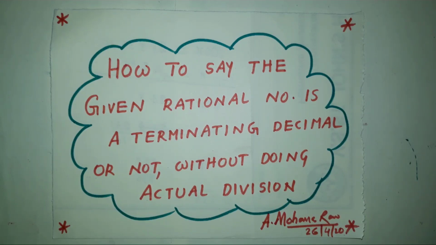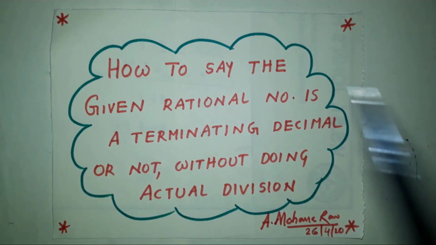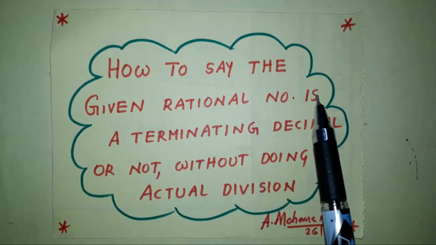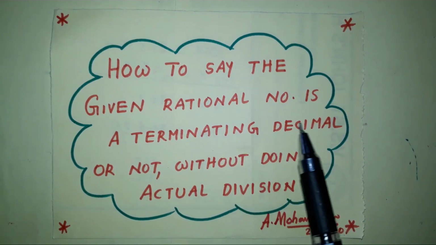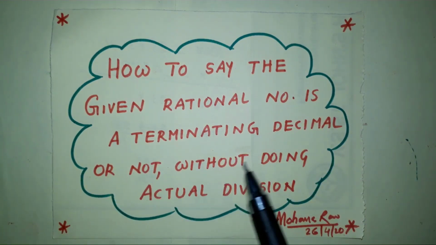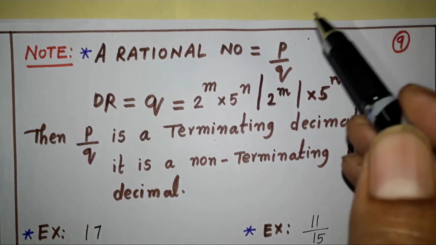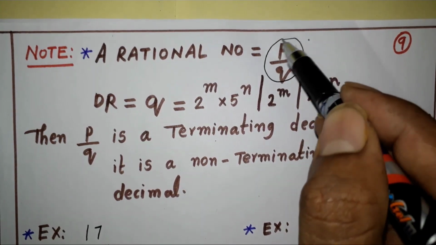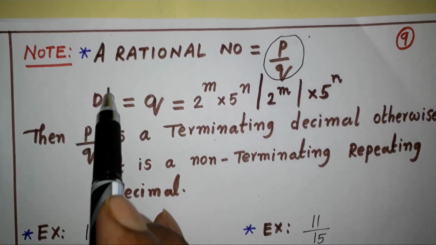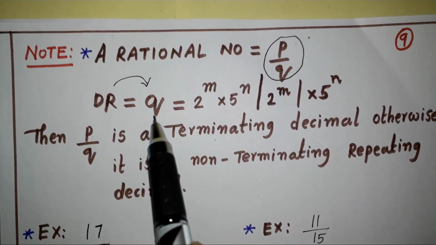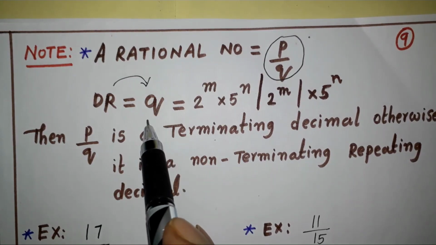Now I just want to tell you how to say whether the given rational number is a terminating decimal or not without doing actual division. Take a rational number, children, which is in the form of p by q, and take its denominator q. Do the prime factorization of the denominator.